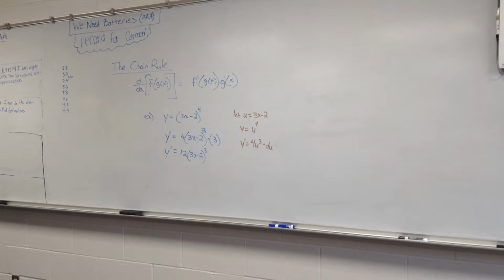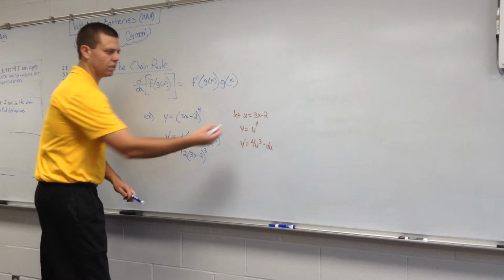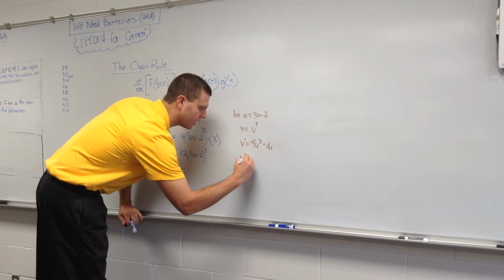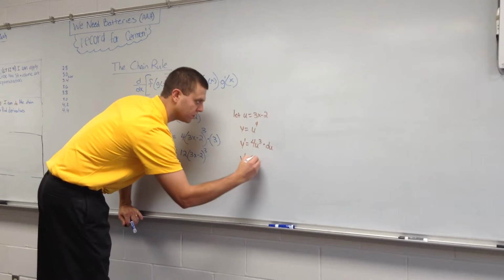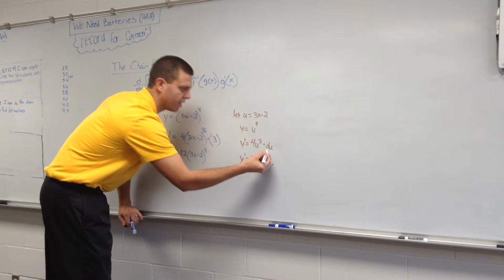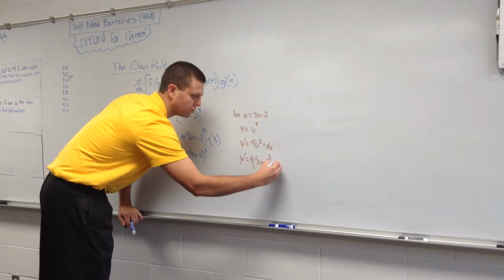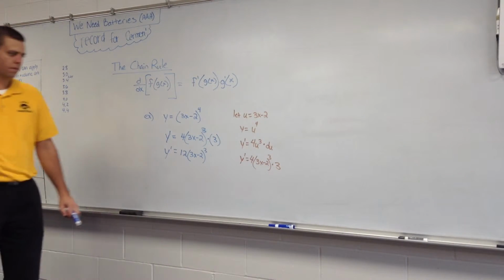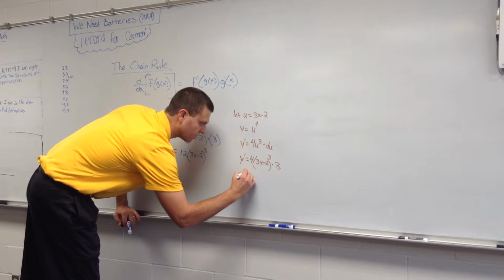It's kind of like a substitution method, if you will. Then if you substitute back in what u actually is equal to, 4 times 3x minus 2 to the 3rd, times the derivative of u, which is just the number 3, you get the same thing.